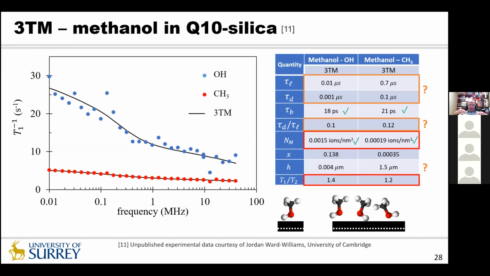Now, I understand from rock people, I might have got this wrong, but I believe that if you have an organic at the surface of a pore, then you get this ratio being 1 to 2. And if you have water at the surface of the pore, you get larger values of T1 over T2. Well, whether that's true or not, that's certainly what we're seeing with these Q10 silica systems.